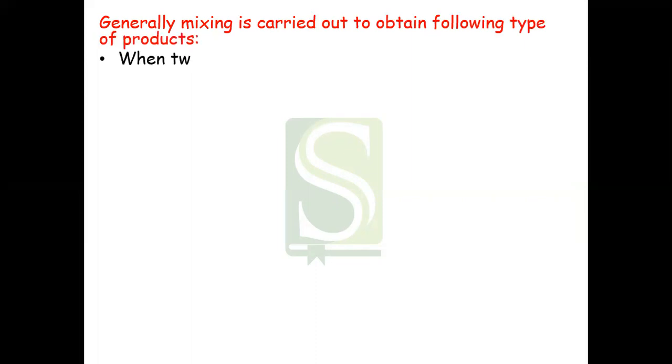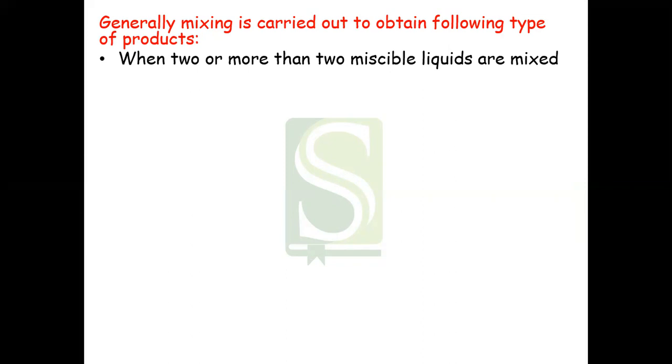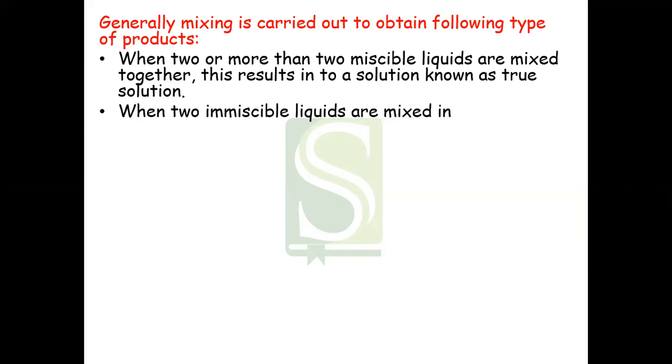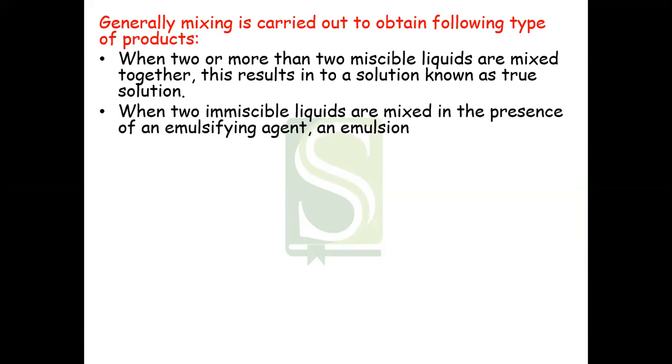So generally mixing is carried out to obtain the following types of products. When two or more miscible liquids are mixed together, this results in a solution, and this is known as a true solution. When two immiscible liquids are mixed in the presence of an emulsifying agent, we get an emulsion.